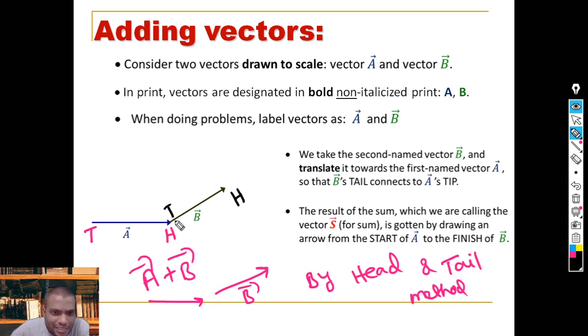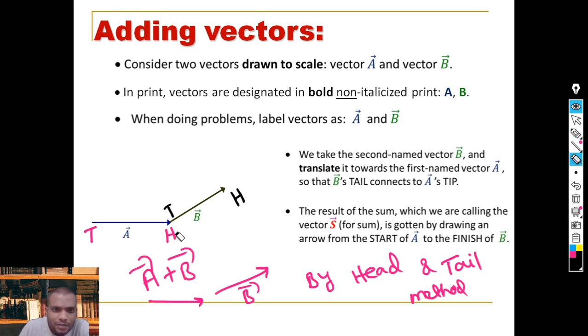Wherever it is in the plane, you can move the vectors, but you should not change the direction, not even 0.0001 degree. If you change the direction, the resultant direction will change. Just move the vector as it is.